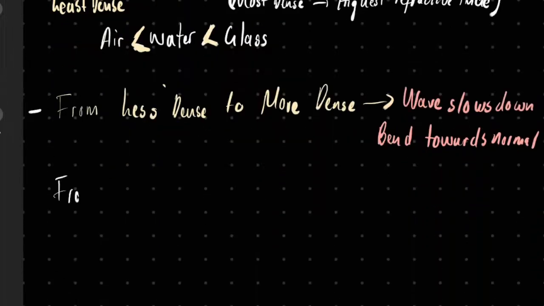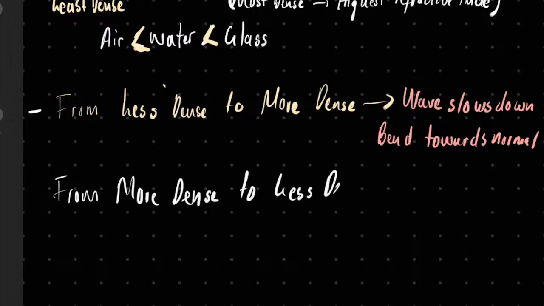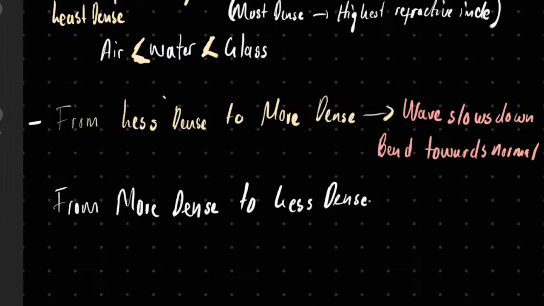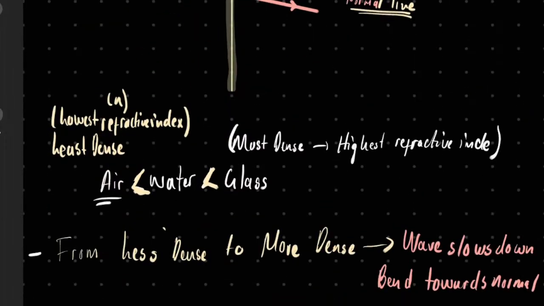Now, let's go for what happens when you come from a more dense medium to a less dense medium. That is all you look at. You should know their densities to say this is the least dense, this is medium, and this is the most dense. You should know that as an IGCSE student.